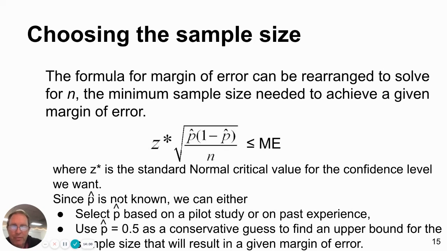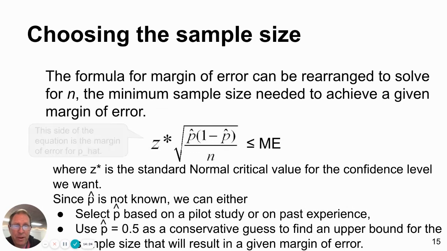So if we ask you to find the minimal sample size that will give us a certain margin of error, you're going to have to find Z star, and we're going to give you the margin of error. You're going to decide whether you're going to use P hat as 0.5 or P hat based on a pilot study. And then you're just going to solve that equation for n.